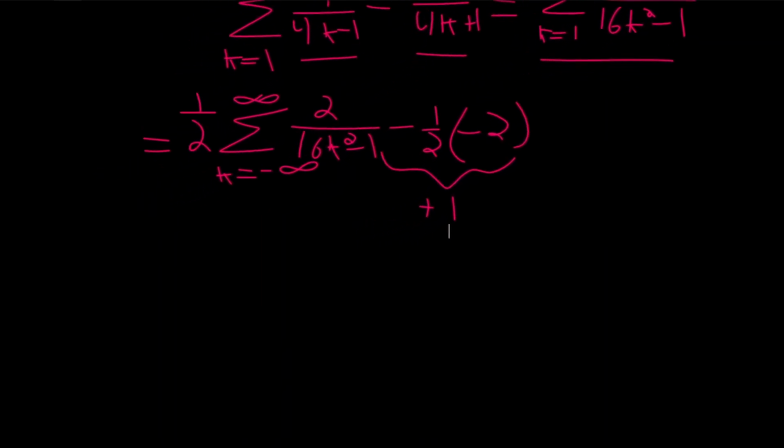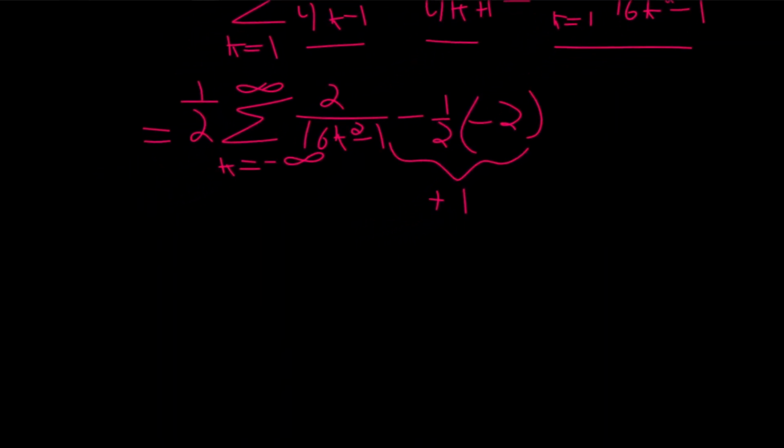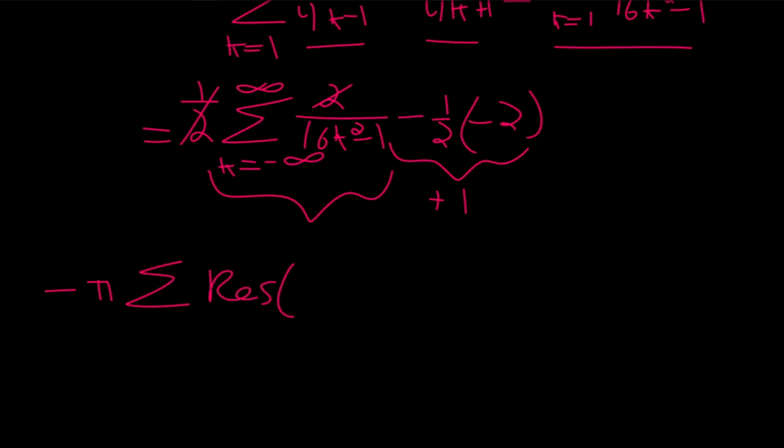Okay, so now all we have to do is evaluate this sum right here, and just note that the 2's cancel, which actually isn't so bad. We know from complex analysis that this right here is just going to be -pi times the sum of the residues of, well, cotangent of pi z over 16z squared minus 1.